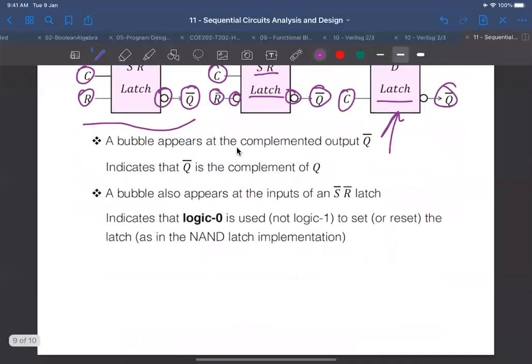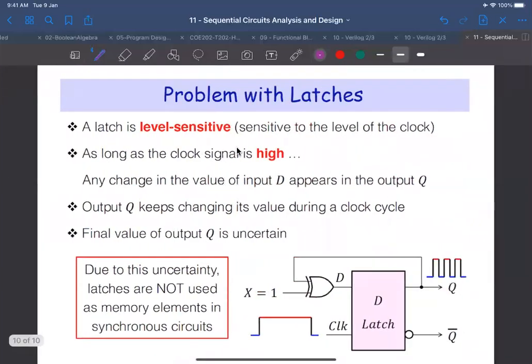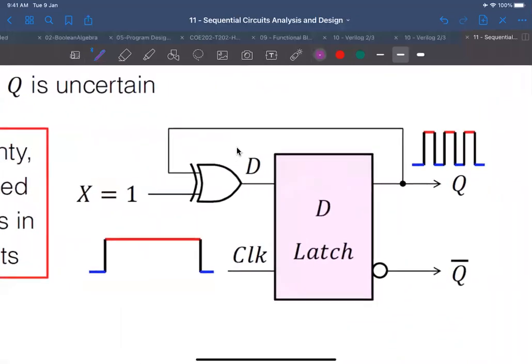All right. Now, what are the problems with latches? Latches, especially the ones with clocks, are level sensitive. Let me examine this circuit here for you. Let me ask you that we provide a clock signal here like this, and my X, as an external input here, is equal to 1.